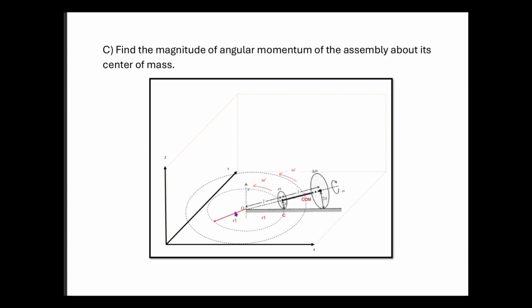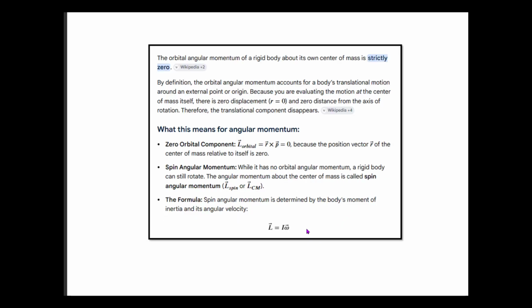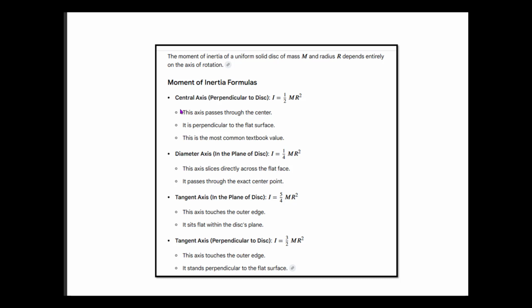So we are going to first find the moment of inertia of the first disk, then the second disk, then the total moment of inertia, and then multiply it by this angular speed. The disk has many moments of inertia. What we are going to use is the first one, the central axis, because it is rotating about the central axis, and we will be using half m r square.